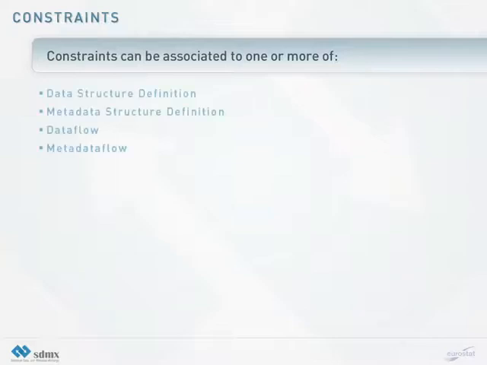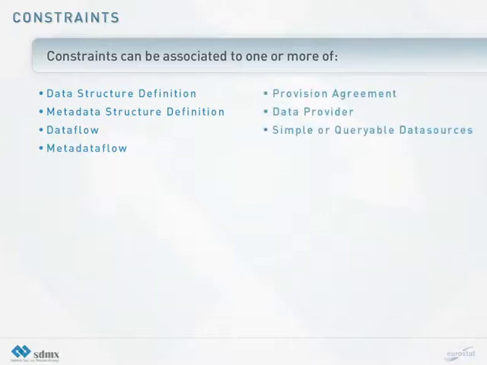A constraint is a maintainable artifact that can be associated to one or more of the following elements: data structure definition, metadata structure definition, data flow, metadata flow, provision agreement, data provider, simple or queryable data sources.